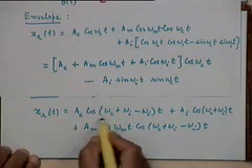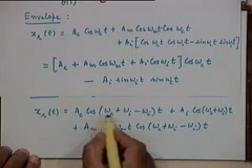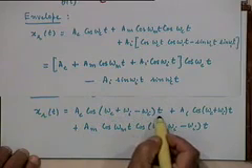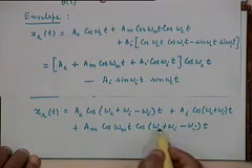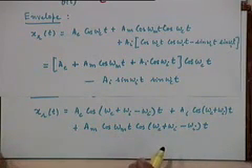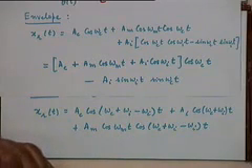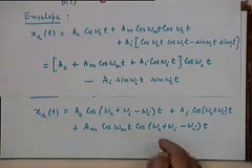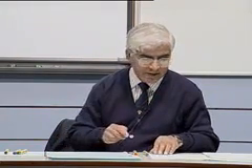So if you expand this now as cosine A plus B, cosine A minus B, etc., and then simplify, maybe I can skip that trigonometry and give you the result directly, because that's straightforward.